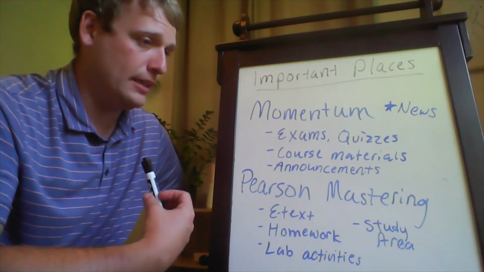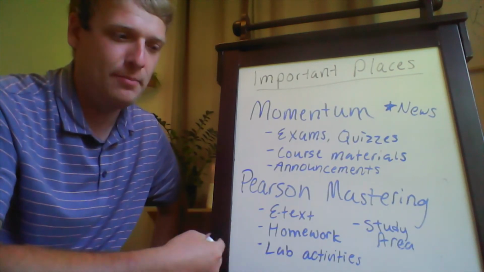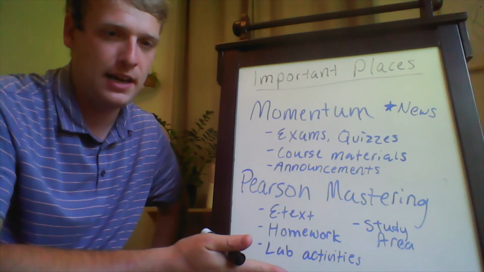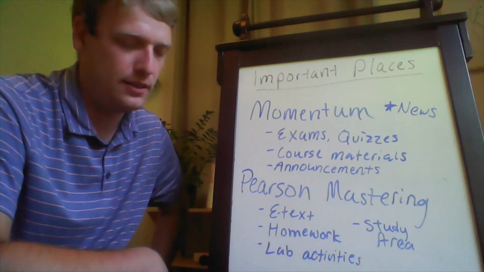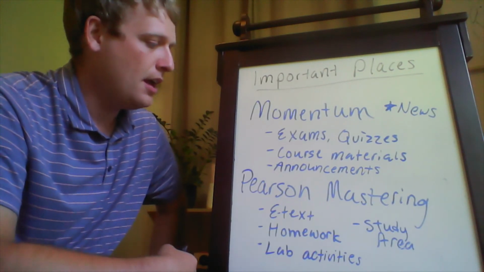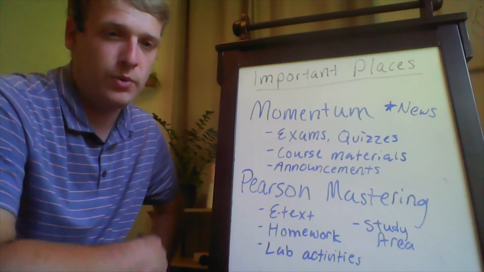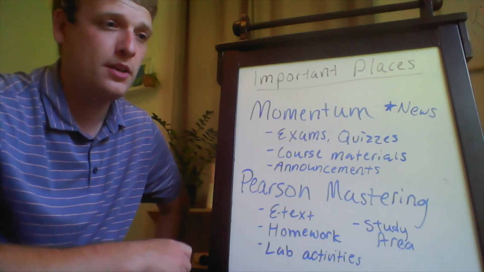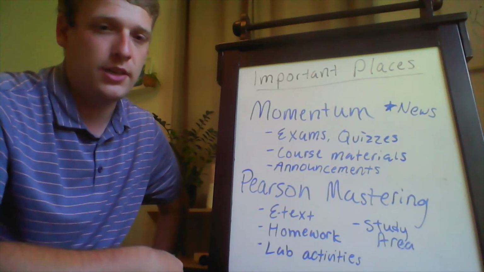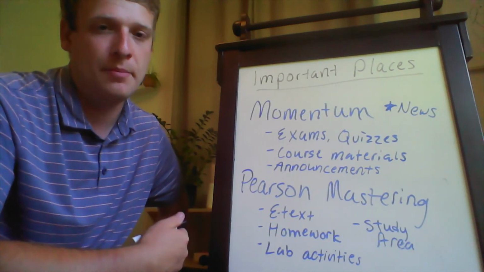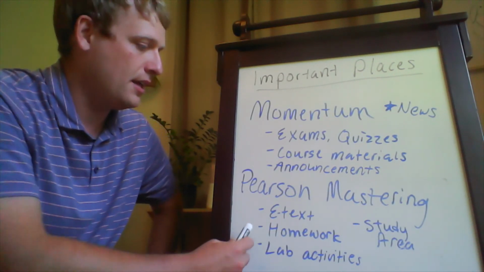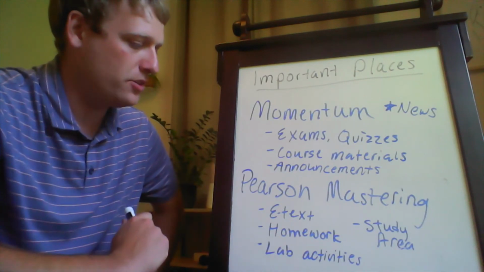If you don't happen to read by the particular date that it's been assigned, that's not going to count against you. That's just to help you keep up with the reading. But the homework assignments, where you actually solve problems and answer questions, that's where that 10% homework for lab and lecture comes from, the homework on Pearson Mastering.